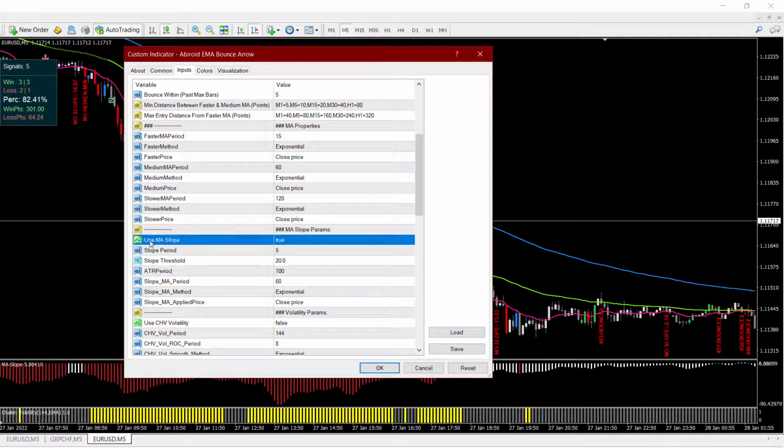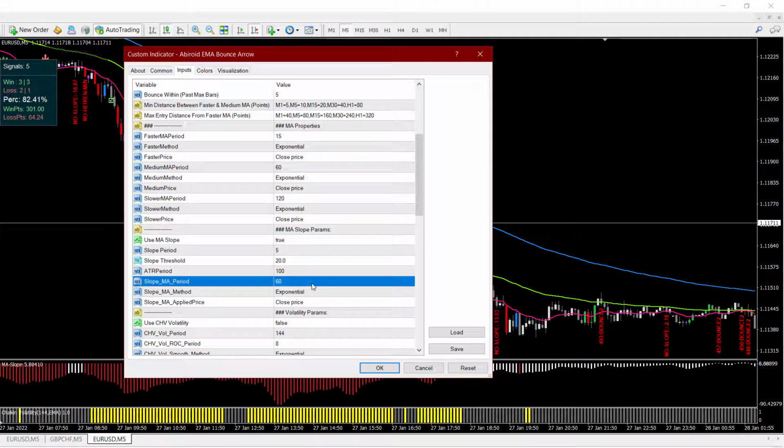I'll talk about all of this in detail in a moving average slope video, which will be specific to this particular indicator. So for now, these values are the default, and I would suggest that you only change this value if you want slope values for some higher MAs or for lower MAs.